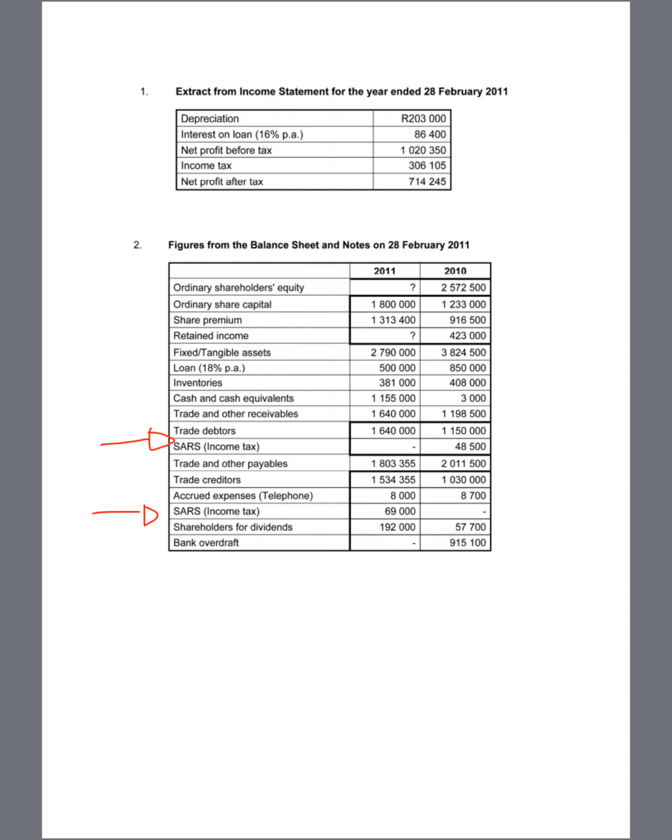Yes, I'm done. Okay, great. So remember, we said we have SARS income tax under trade and other receivables and SARS income tax under trade and other payables. And I asked you to scratch those out when we were working with trade and other receivables and trade and other payables. Yes. So we removed them because they have their own note, which is the one we are dealing with now, right?